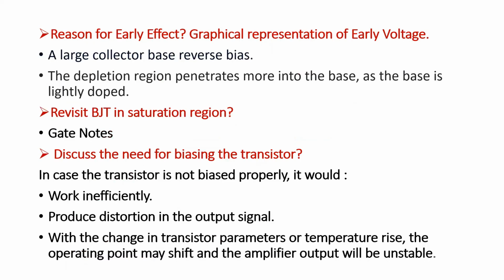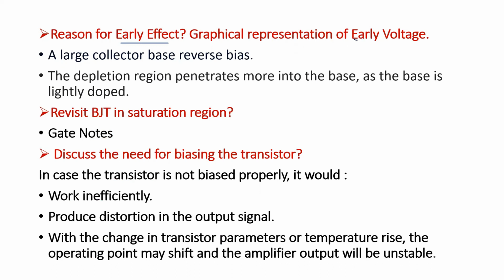And after that, the reason for the early effect. We know the reason for the early effect is when we apply a large collector-base reverse bias voltage. When the collector to base biasing is done with a large amount, then the depletion region penetrates more toward the base region. After one point of applying this voltage, we will see an almost constant current.